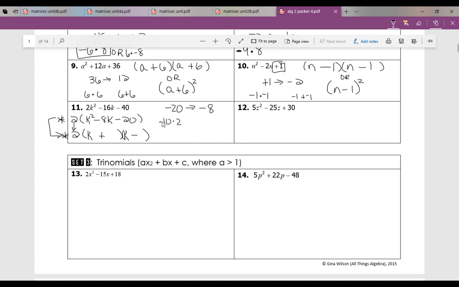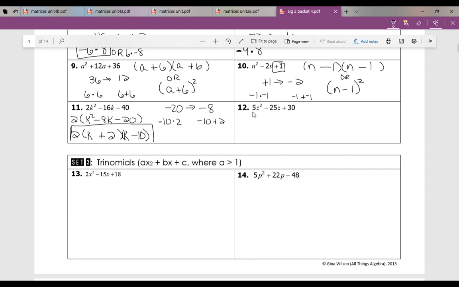The bigger number. So negative 10 times 2 is negative 20, but negative 10 plus 2 gives you negative 8. So I'm going to put the 2 with the positive and the 10 with the negative. So I was able to take that further than just a greatest common factor. So that incorporated greatest common factor and trinomial factoring.